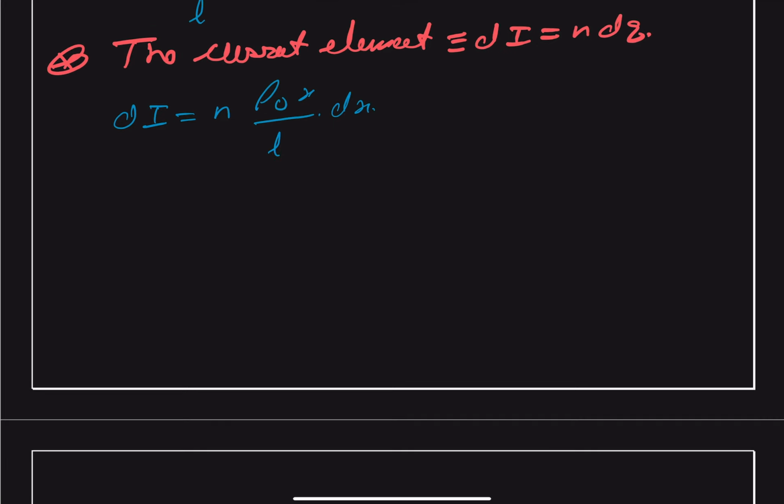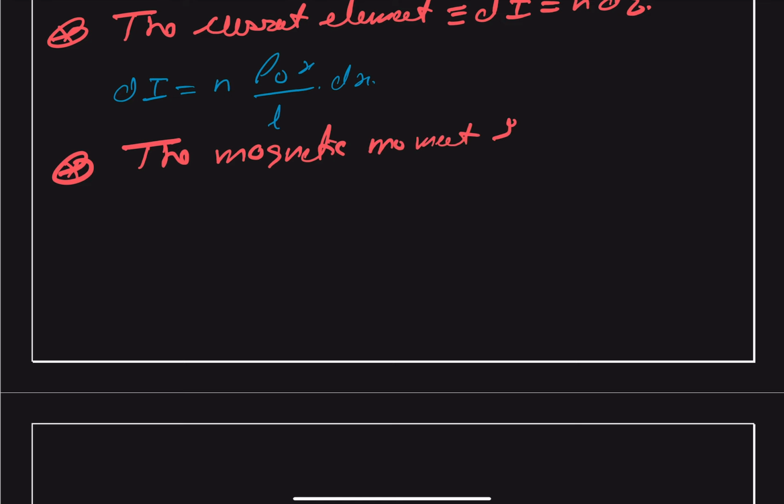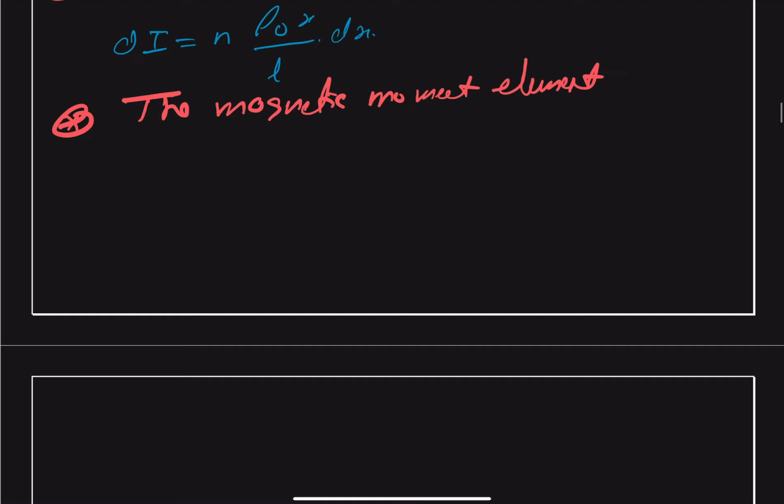Now the magnetic moment element because of dx, given as dm.